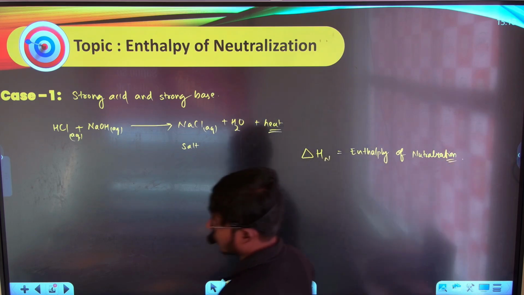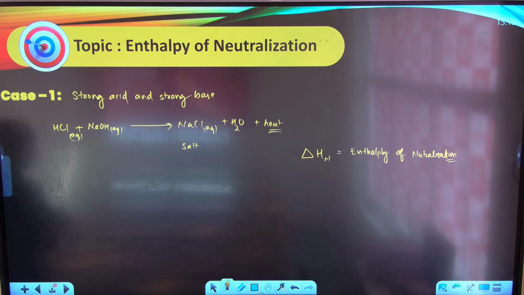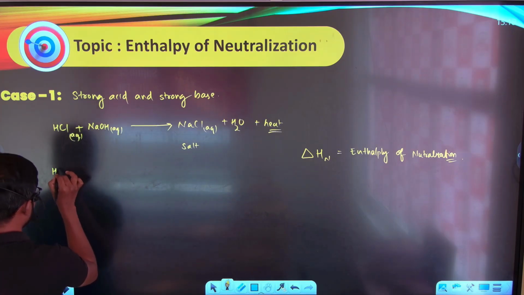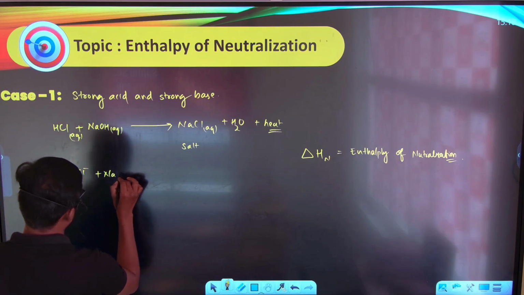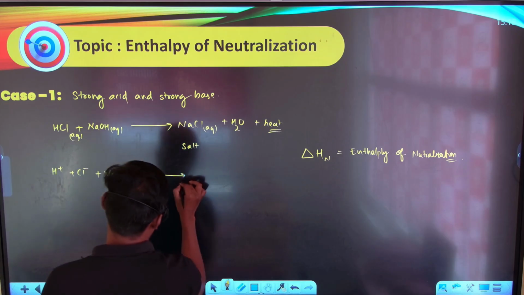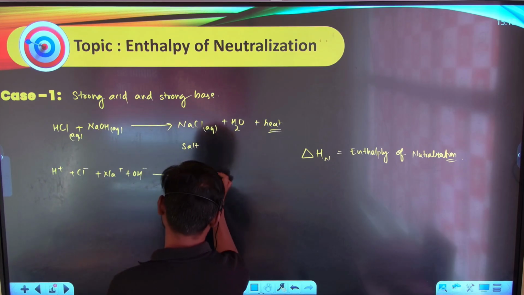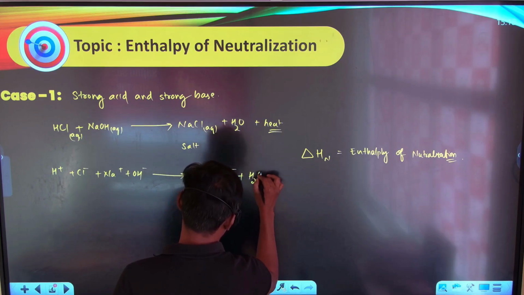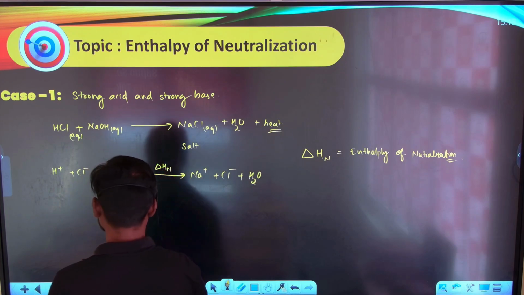What happens if we react all these in aqueous medium? It will split as H plus, Cl minus, Na plus, OH minus, which combine. This forms NaCl, a strong electrolyte, so it also splits as Na plus, Cl minus, and H2O. This heat change will be delta Hn.